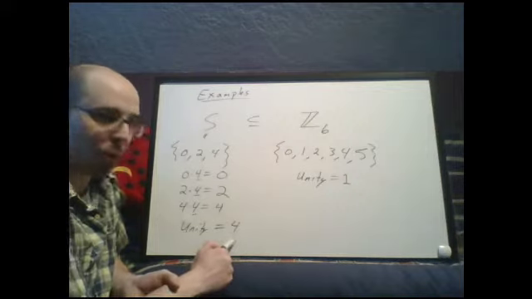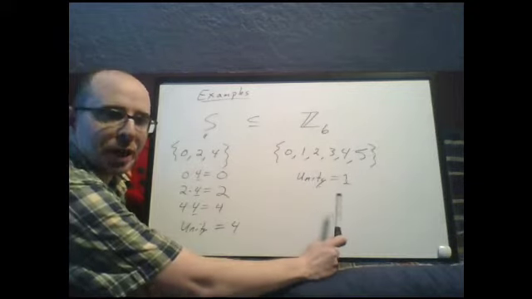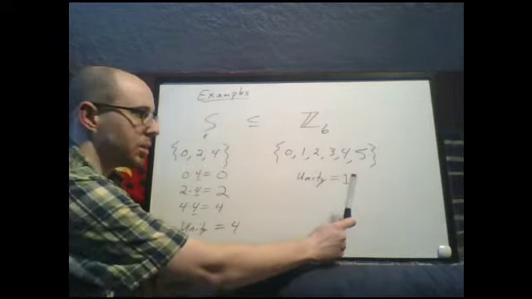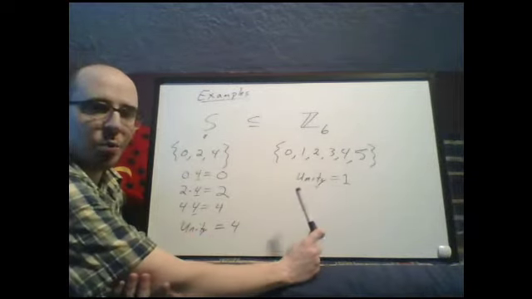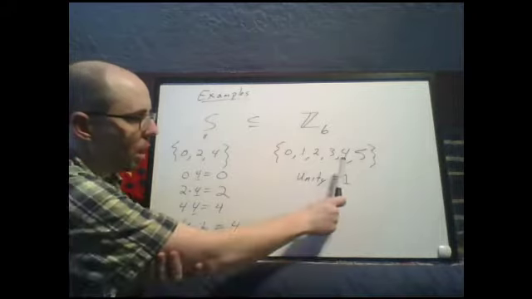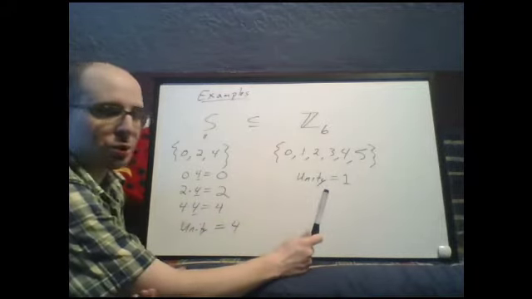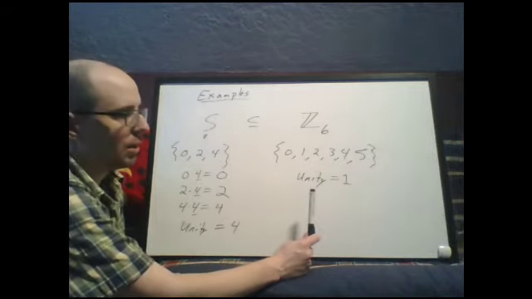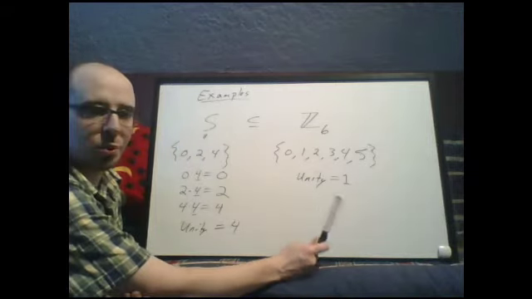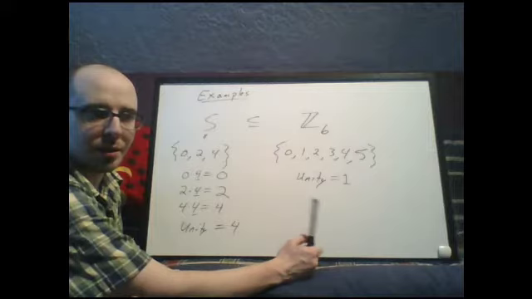But 4 is not a unity element in Z6 because, for example, 4 times 1 is 4. It's not 1. 4 times 3 is 12. Mod 6, that's 0. So it's not 3. And 4 times 5 is 20. Mod 6, that's 2.